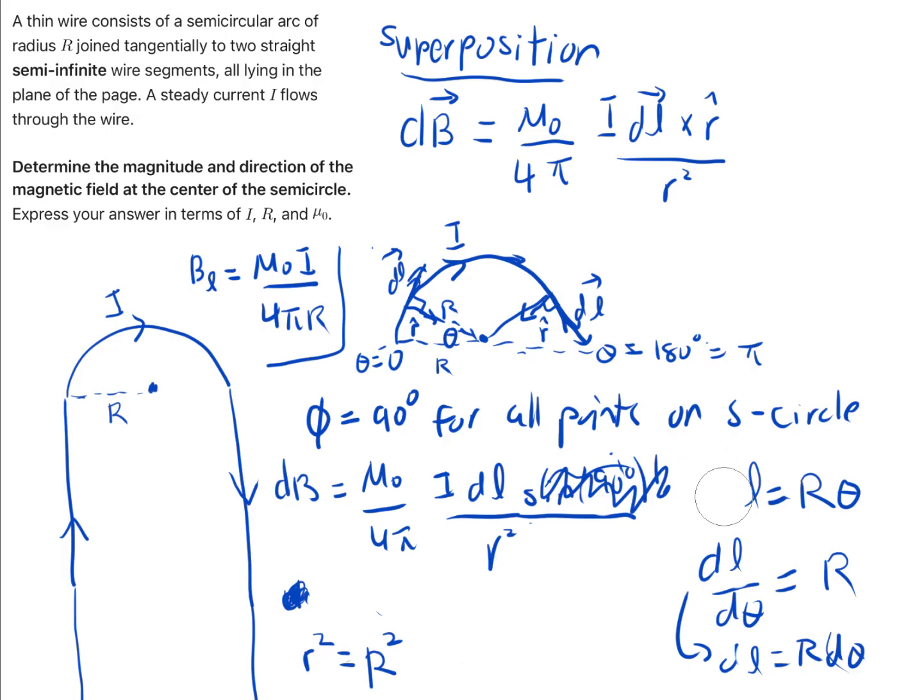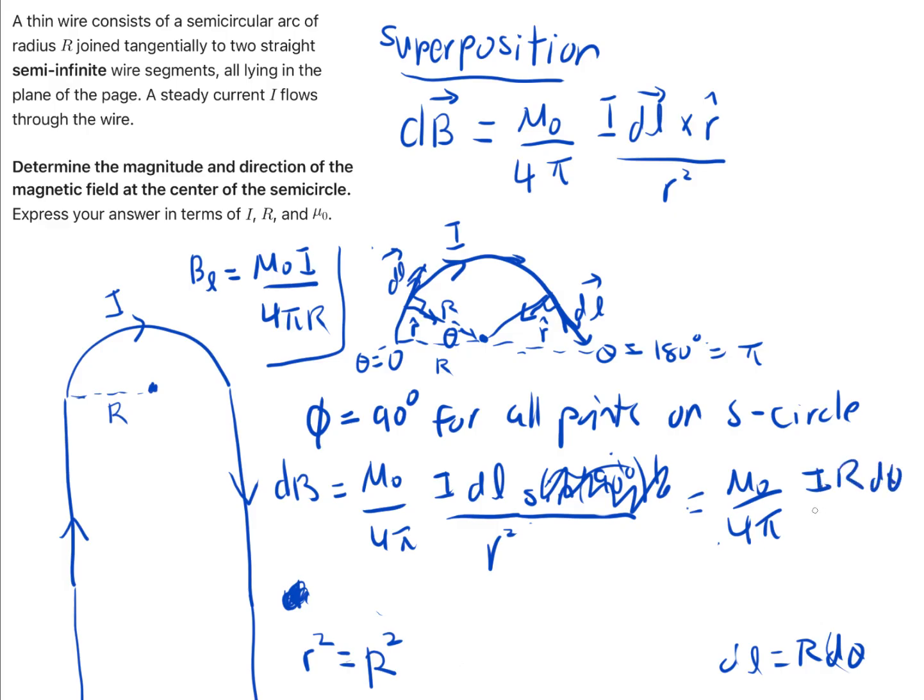So now that we have all of that, we can plug it back in to get an expression for dB. So if we plug that in, we get mu naught over 4 pi times I, dl is r d theta, and r squared is this big R squared.